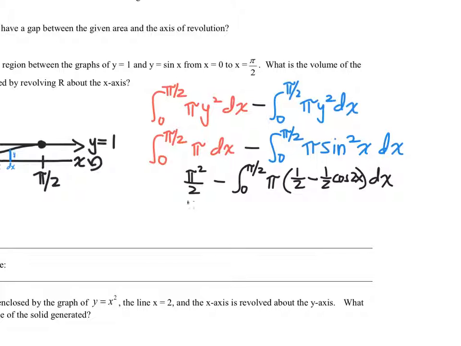All right, so pi squared over 2 minus the integral on 0 to pi over 2 of pi over 2 minus pi over 2 cosine 2x dx.